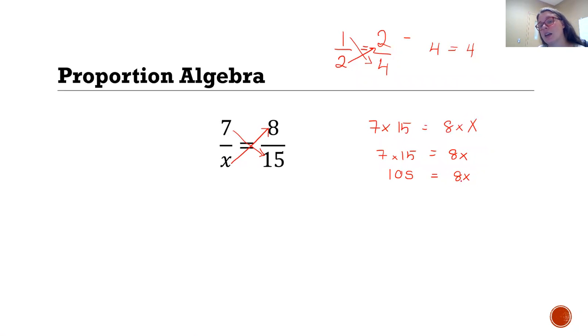Now we need to get this x all alone because we want to know what is the number that belongs in the bottom here. In order to solve for that, we will divide both sides by 8. The opposite of multiplying is dividing. That cancels these two out, and we have x equals 13.125.